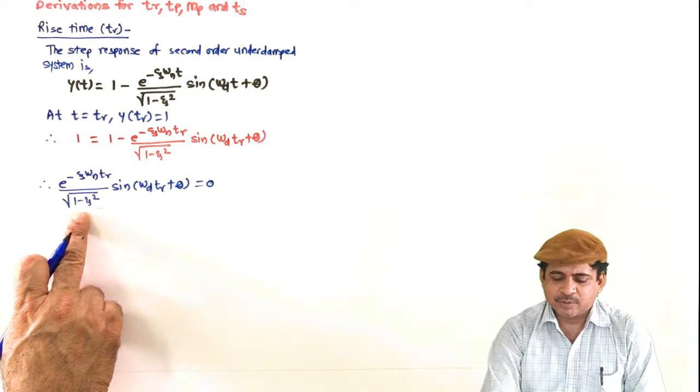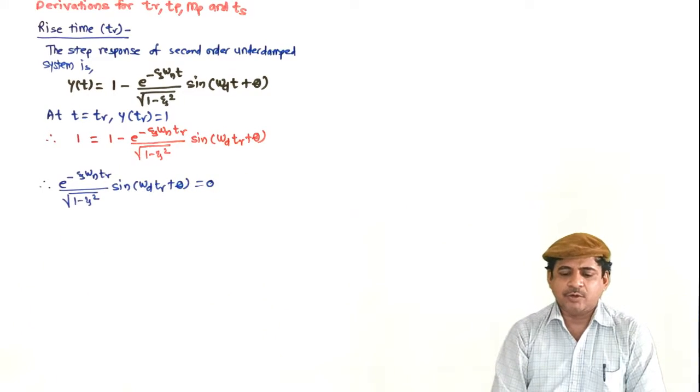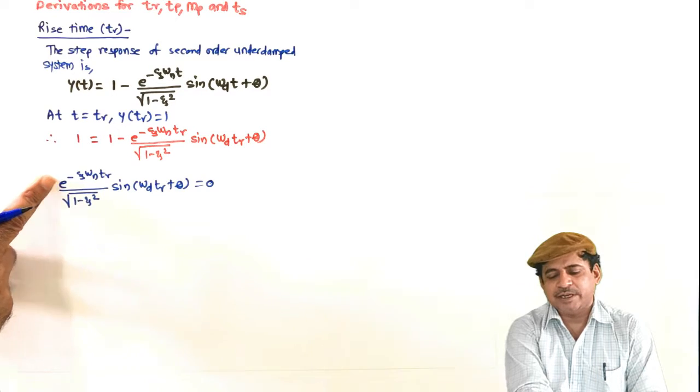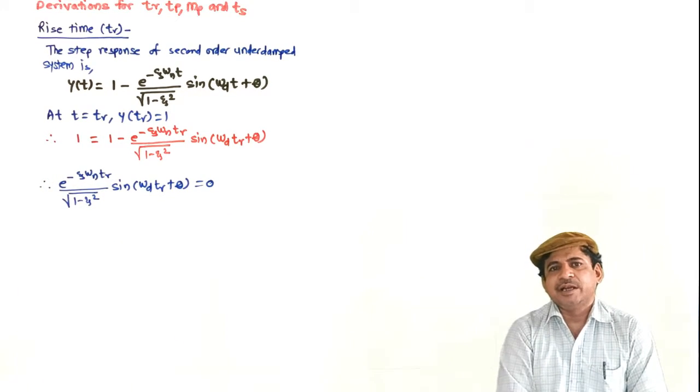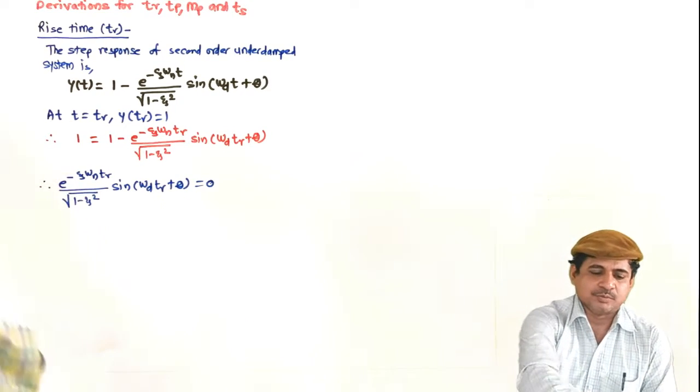This is the multiplication of two terms, so either the first term is 0 or the second term is 0. However, the exponential term cannot be 0. It will be 0 only at t equal to infinity, and that means at t equal to tr, the second term is 0.